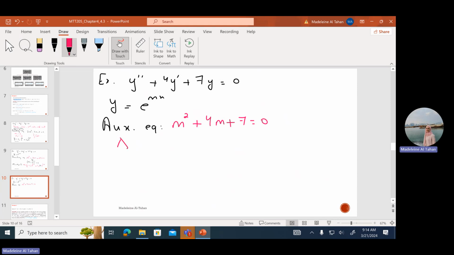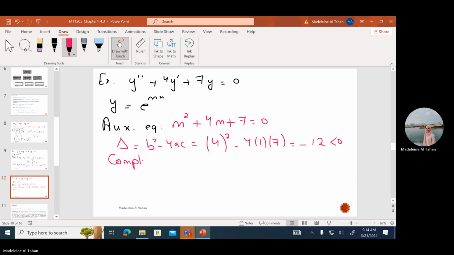We want to use delta. Delta equals b squared minus 4ac, which is 4 squared minus 4 times 1 times 7. We'll get 16 minus 28, which equals negative 12, less than 0. So what did we get here? Complex roots. What are the complex roots? m equals minus b plus or minus radical delta over 2a.